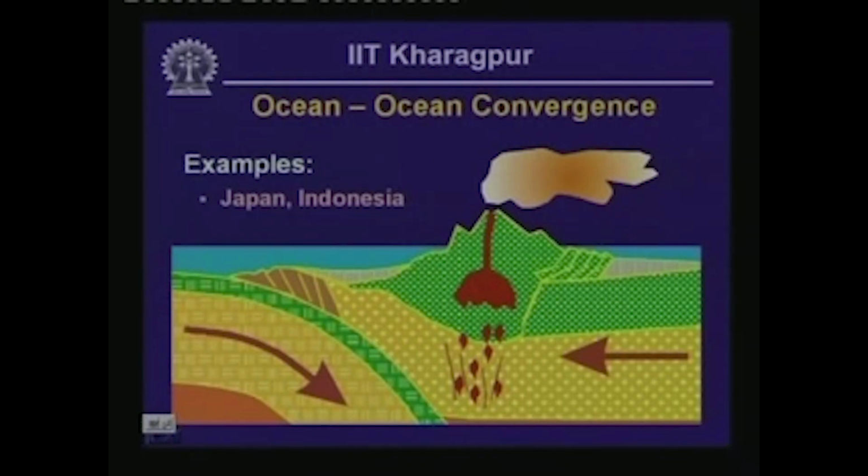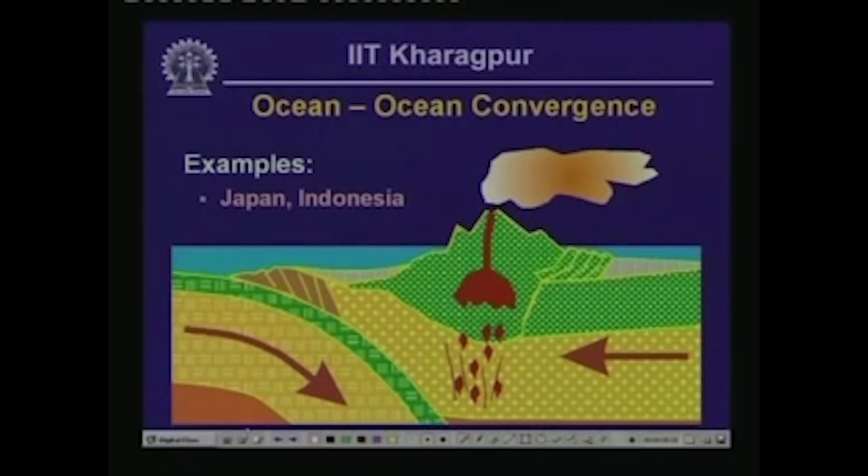Volcanism is typically associated with this type of convergence, and these volcanoes typically give rise to chains of volcanic islands, and in fact these are called island arcs. So this one here is an island arc, because on either side of these volcanoes there will be oceans.